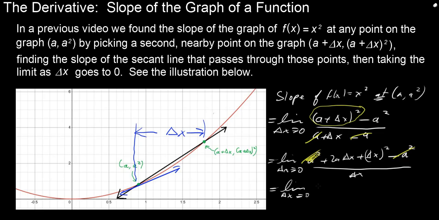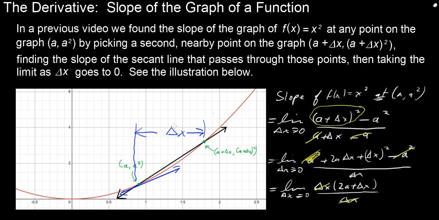So we're taking the limit as delta x goes to 0 of delta x times the quantity 2a plus delta x, and that's all over delta x, and we're trying to find that limit. We see now in the fraction, as long as delta x isn't exactly 0, we can cancel out those delta x's in both numerator and denominator, this one and that one, I should say.